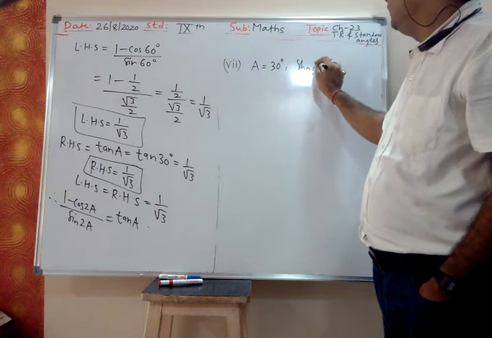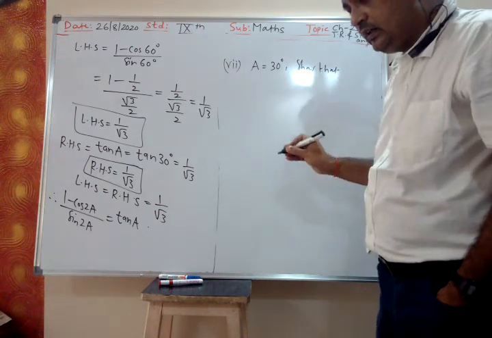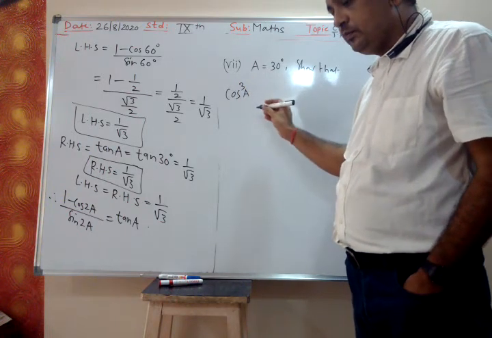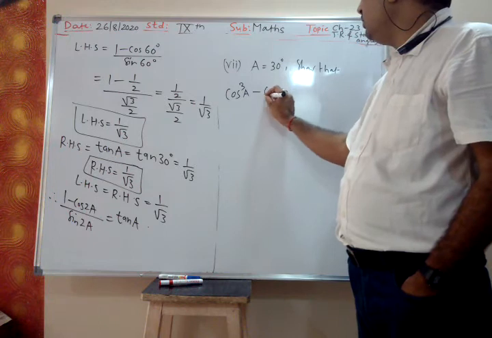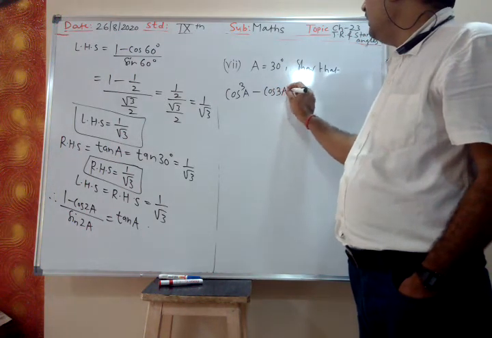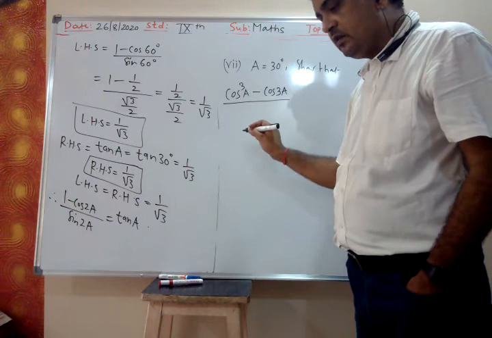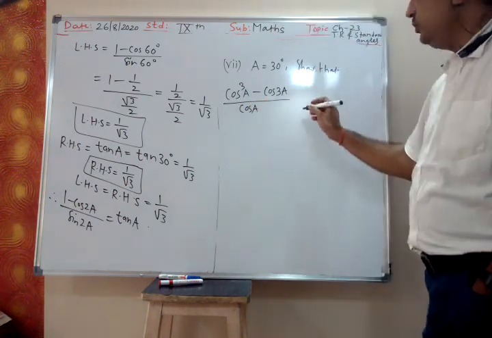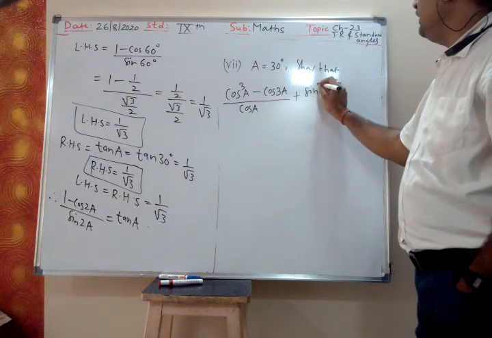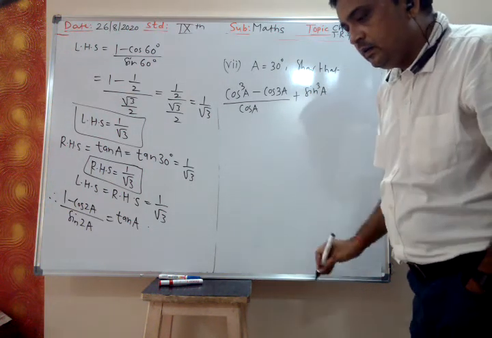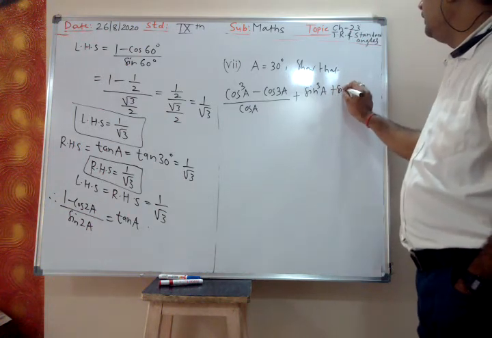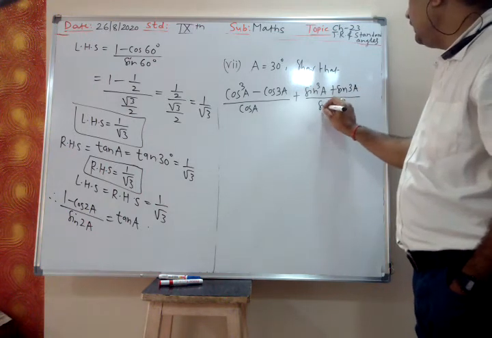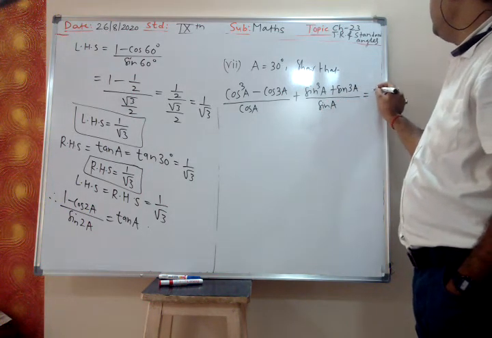Show that cos cube A minus cos 3A upon cos A plus sin cube A plus sin 3A upon sin A is equal to 3. Cos cube A means cos A whole cube.